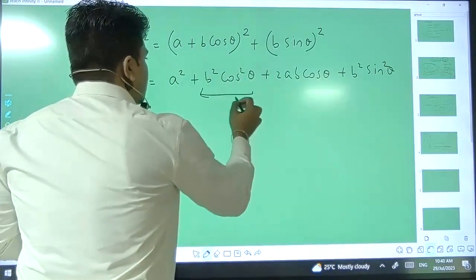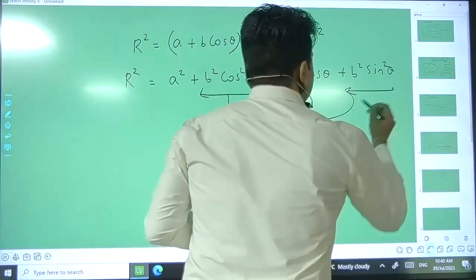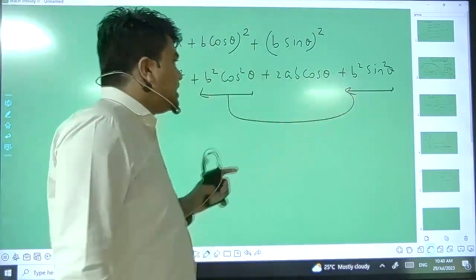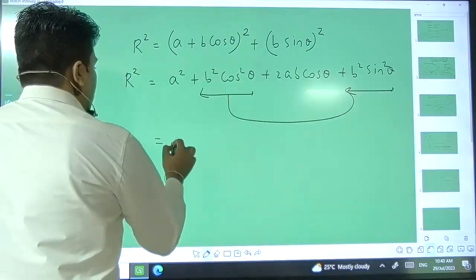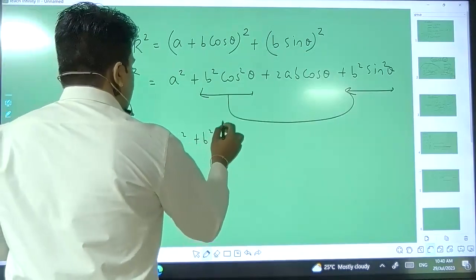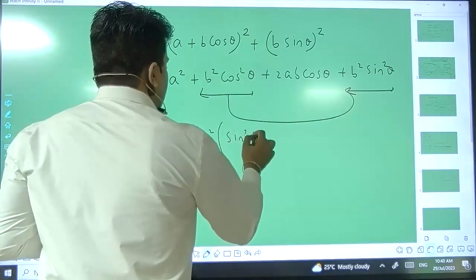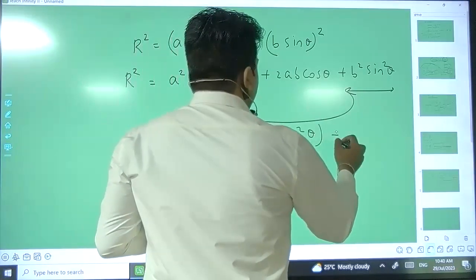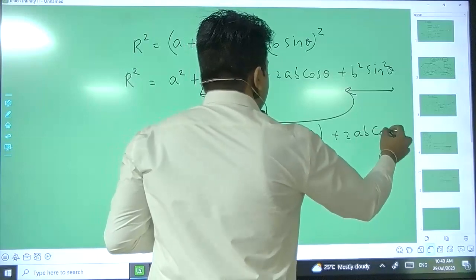And you have to focus on these two terms. Here we can take common B square, and we have A square plus B square (sin squared theta plus cos squared theta) plus 2AB cos theta.